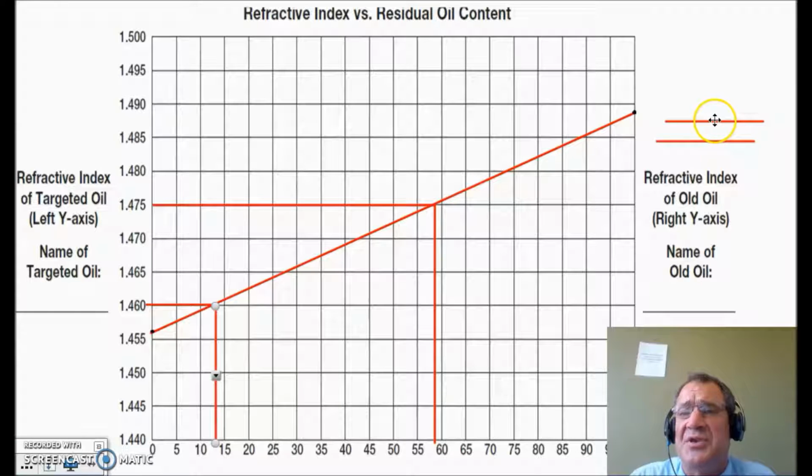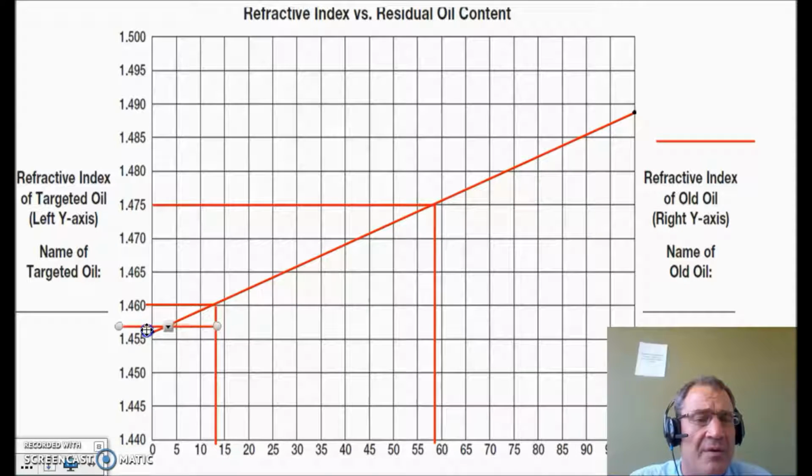We come back the next day, and we take another oil sample on the fourth day, and we find that we get down to a refractive reading of about, say, this point, 1.458.